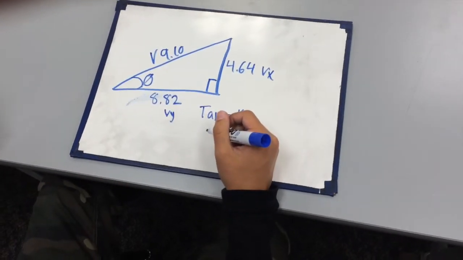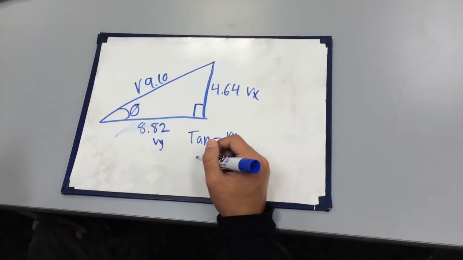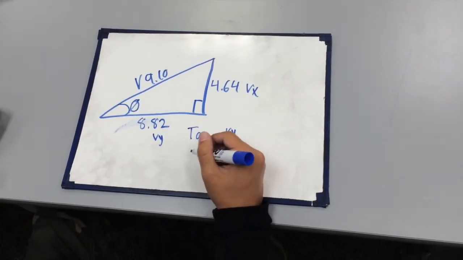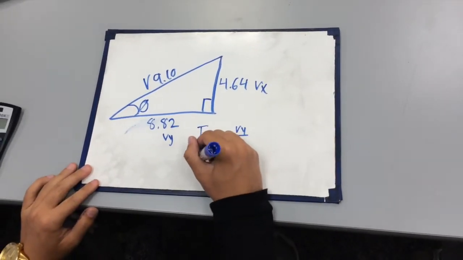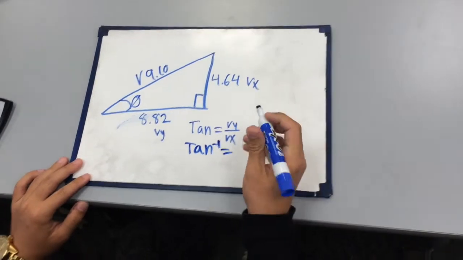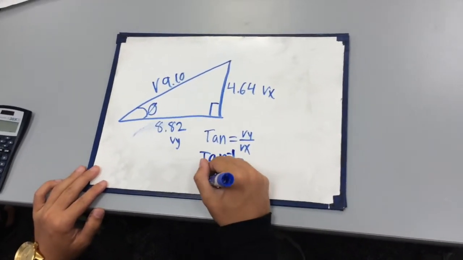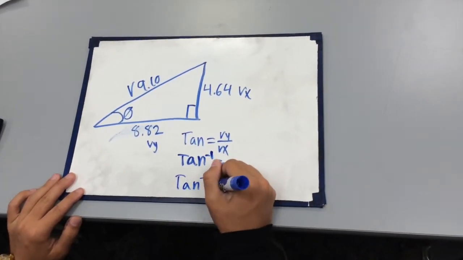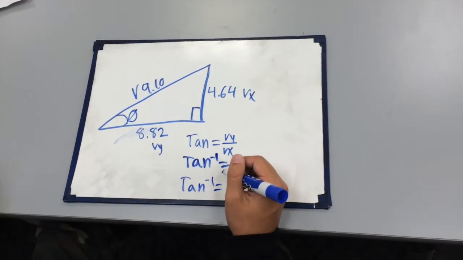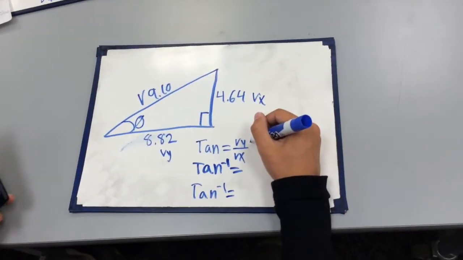When you use inverse tangent, you come out with tan negative 1 equal to whatever your answer is going to be. If you plug your numbers in first, it'll make it easier.